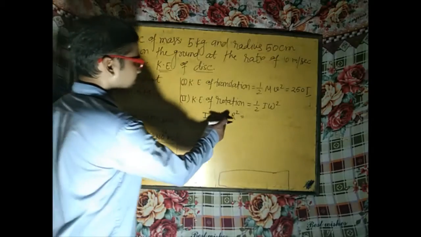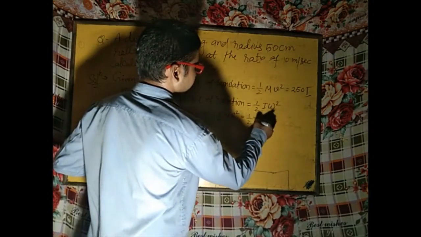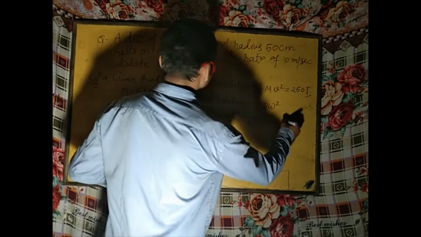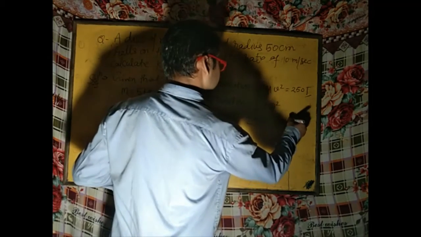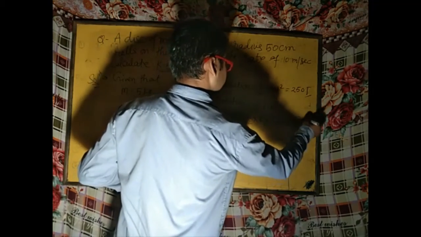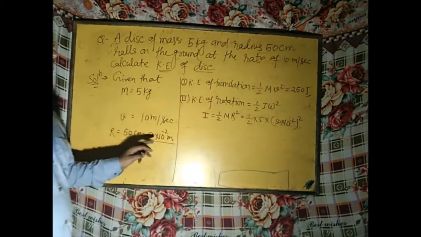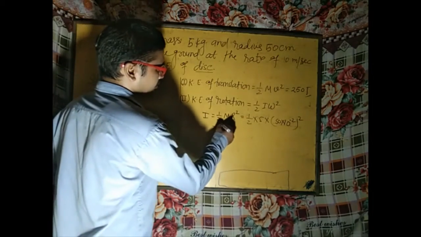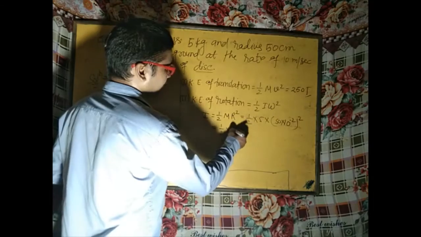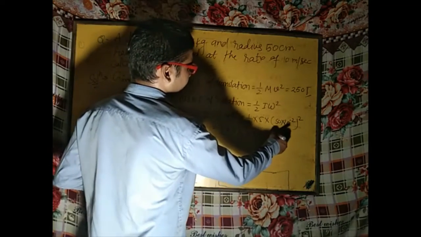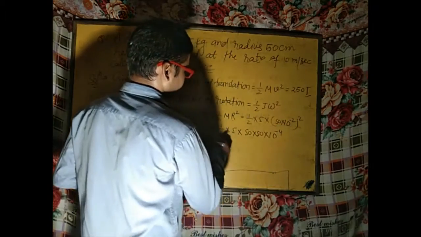So let us use these two values. So value of m is 5 and r is 50 into 10 to the power minus 2 meters square. Okay, now you can calculate and you will get the value of I, that is 1 by 2 into 5 into 50 into 50 into 10 to the power minus 4.